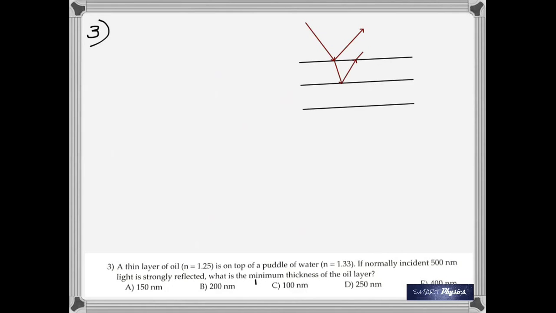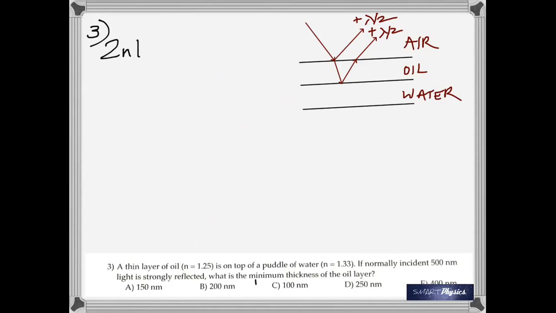So the light is reflected and refracted as before, but now you have air, oil and water. So in the first case it's trying to go from less dense to more dense, that's here, and in the second case again it's going from less dense to more dense. Okay, so in both these cases there's an additional path of lambda by 2.